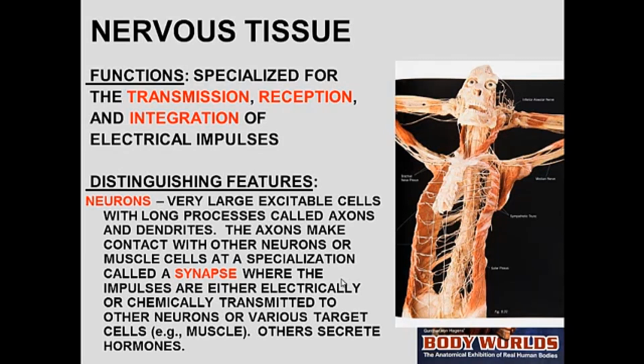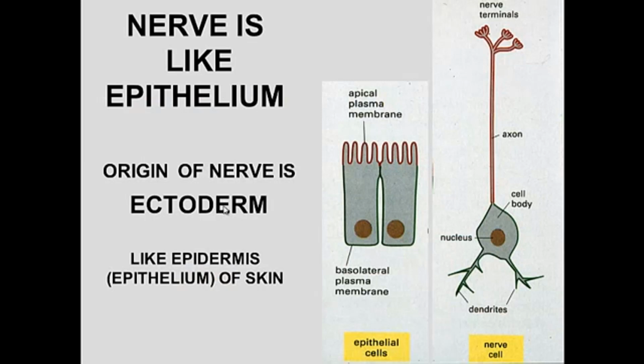Distinguishing features of nerve is that neurons, which are a nerve cell body plus axons, very long excitable cells. And they communicate with other neurons or other target cells by synapses. So you have chemical signals sent from one cell to another one to ignite that cell or maybe secrete hormones.